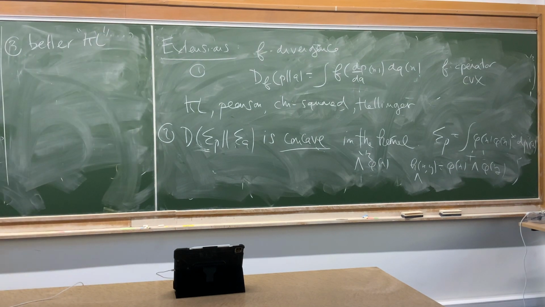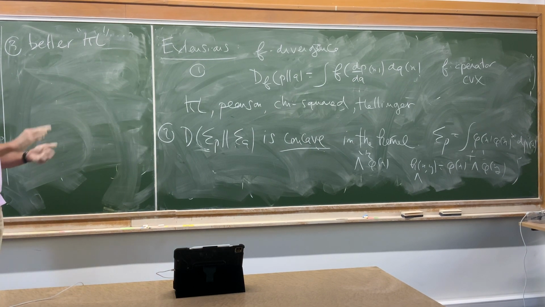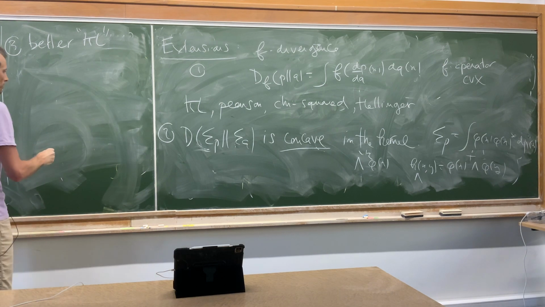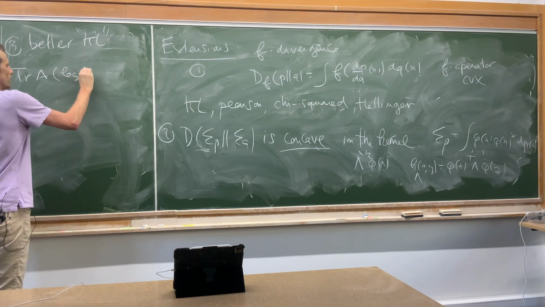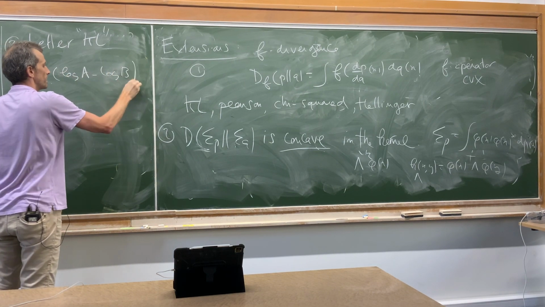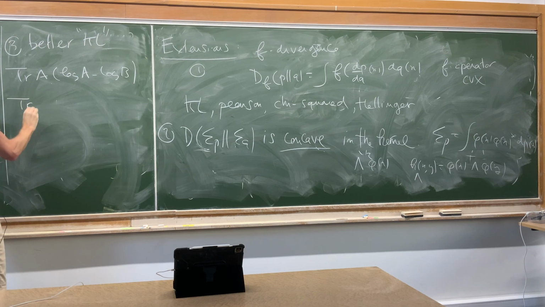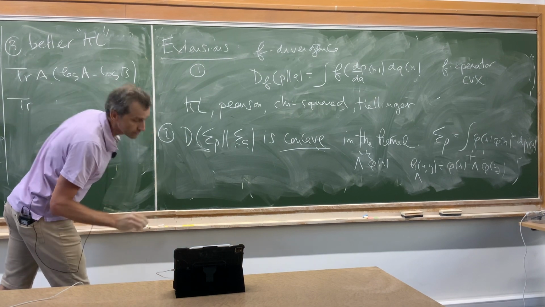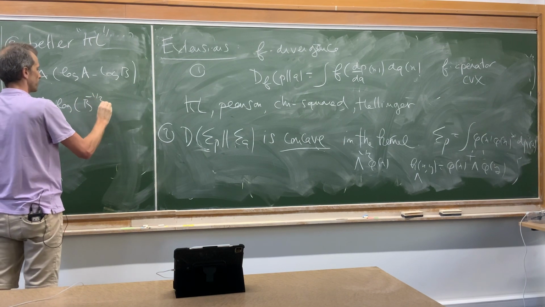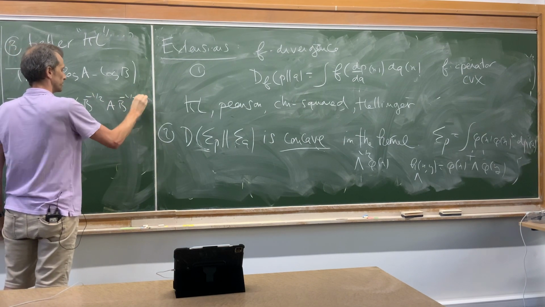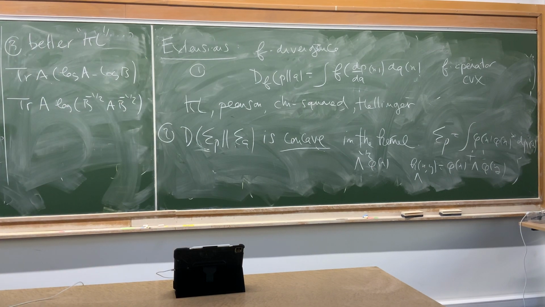I sent this to a colleague in quantum computing in Lyon. He told me there's a much better divergence for you. You replace trace of A (log A minus log B) by trace of A (log of B^(-1/2) A B^(-1/2)).